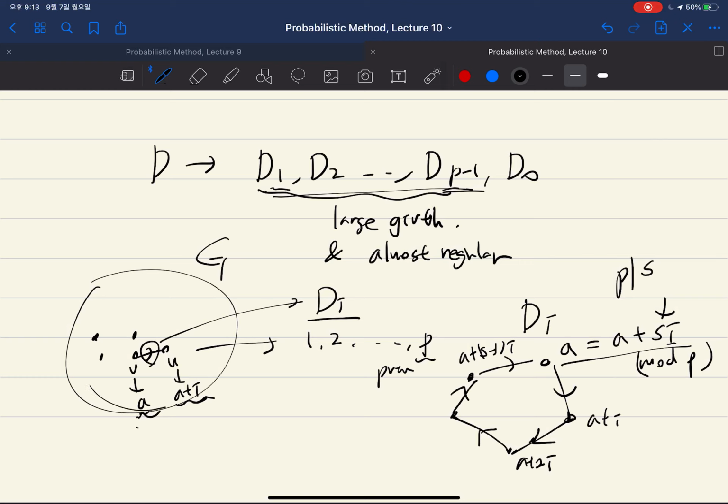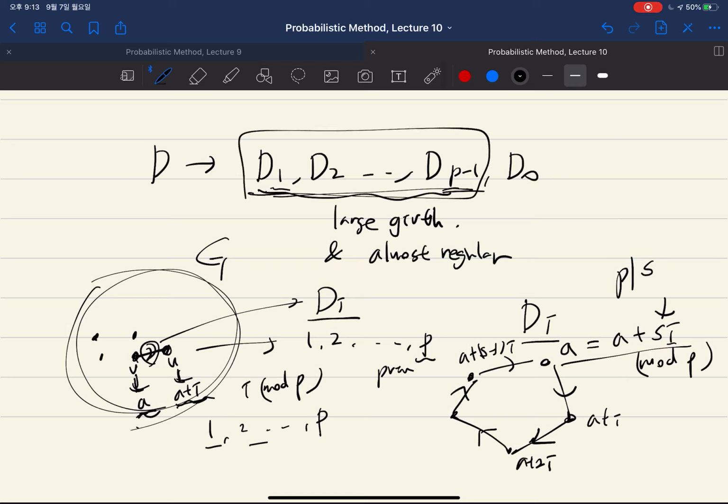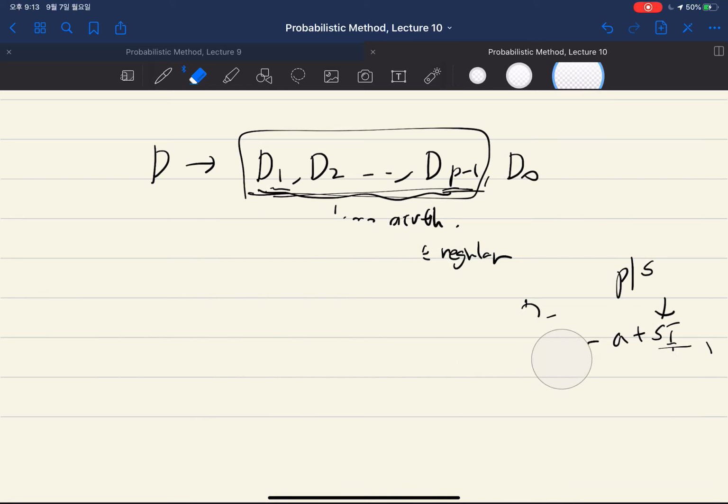So if we use vertex coloring with colors 1 to, say, P, and then decompose the edges depending on their end vertices' colors, and if the difference between these two is I, everything modulo P, then you add it to Di, and you can make sure that these actually have girth bigger than or equal to P. So that's roughly what we want to do.